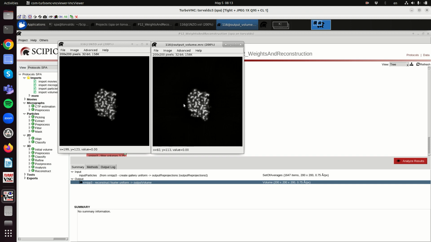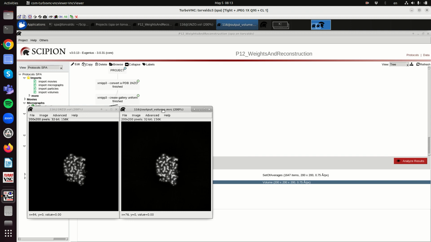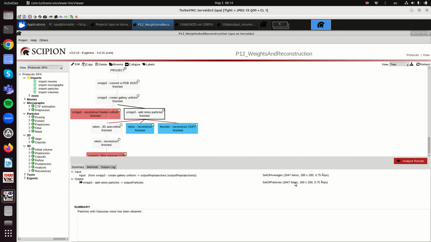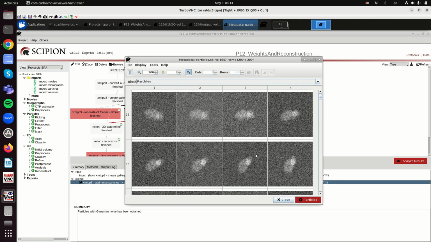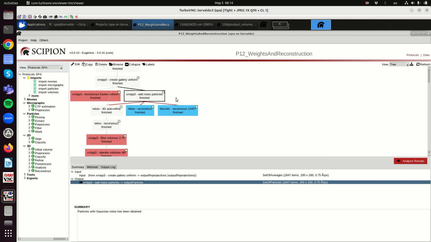Okay, so the problem is that normally we don't have such a clean case, so we have noise. Here I have added very little noise so that the signal to noise ratio is still very good, and then we have to estimate the angles and reconstruct.